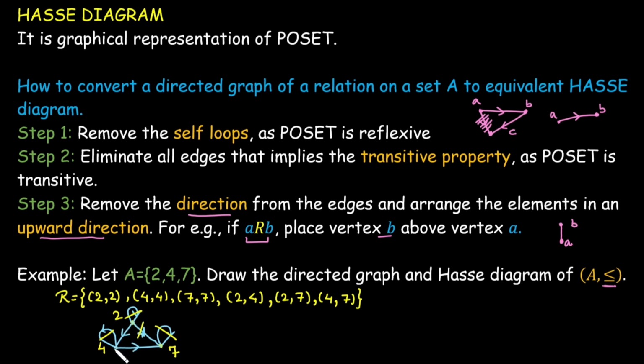As 2 is related with 4, the placing of 2 is at the bottom as compared to 4, and remove the direction. Next edge we have 4 to 7, means 4 is related with 7. So the placing of 7 will be higher than 4, and remove this direction. And this is the final Hasse diagram in this case.